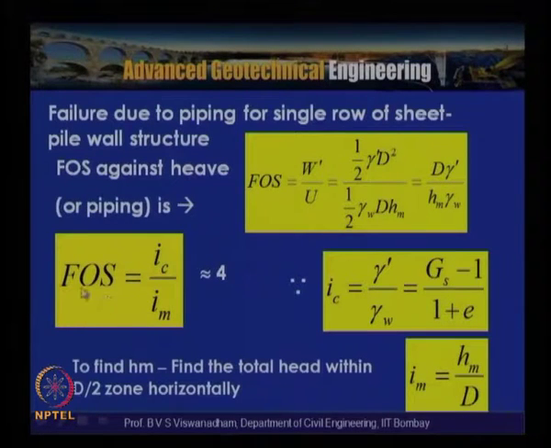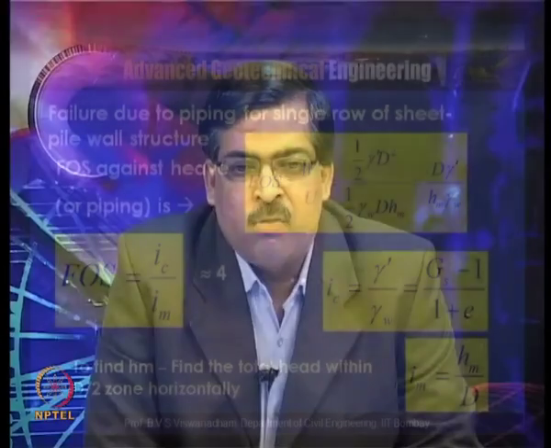So the factor of safety against heave is Ic by Im. By knowing the critical hydraulic gradient and Im, we get the factor of safety. This should be of the order of 4 to 5 to ensure stability of the structure.